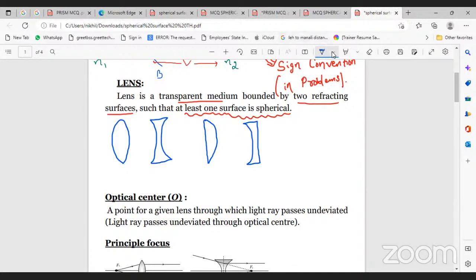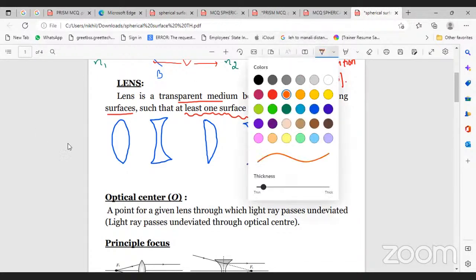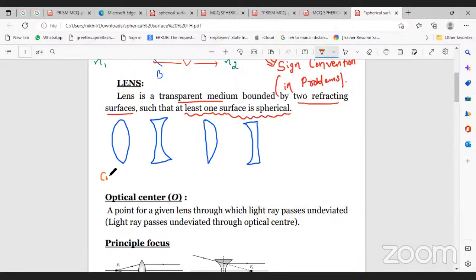So here I have written the different types of lenses, my dear. Ajay, can you tell me what type of lens the first one is? It is a biconvex lens, or simply a convex lens, where the thickness at the center is large. The second one is a biconcave lens.